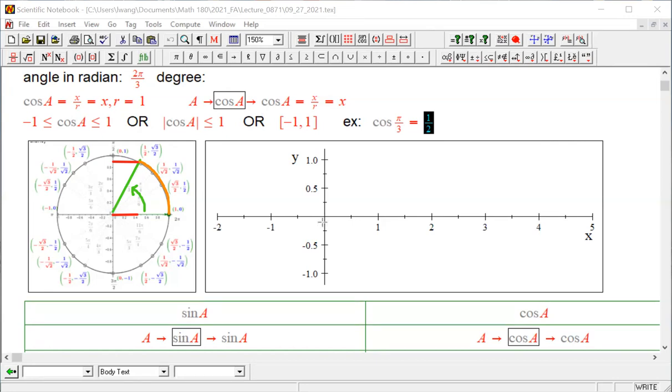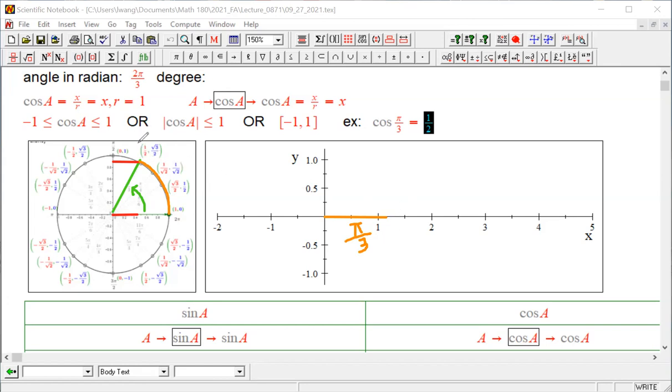Pi/3. It's a little bit more than 1, right? So this piece is pi/3, a positive angle, because it's a measured positive angle.